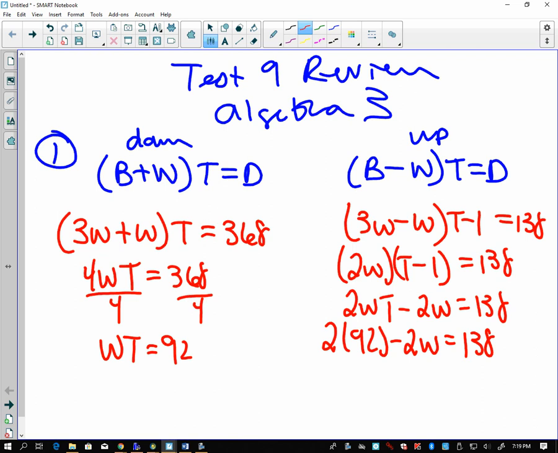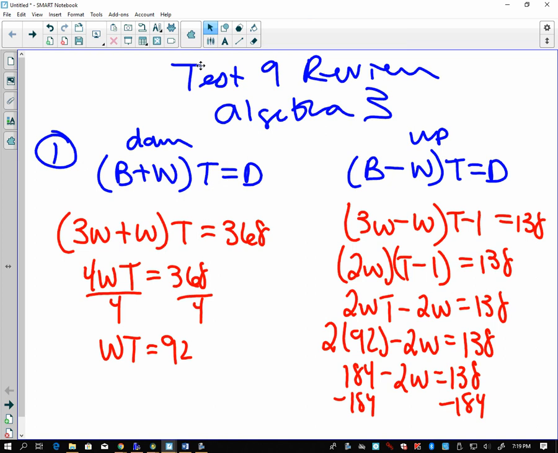2 times 92, we get 184 minus 2W equals 138. 138 minus 184 gives me negative 46. Let's move our board down here a little bit.